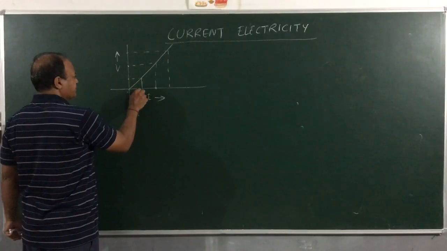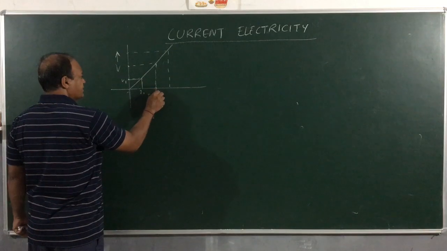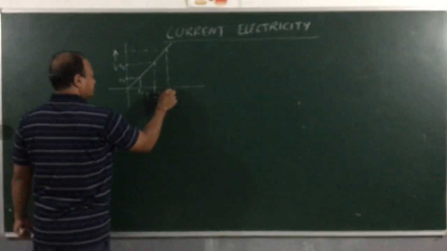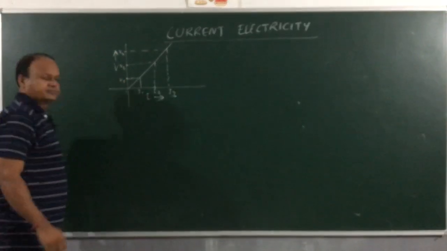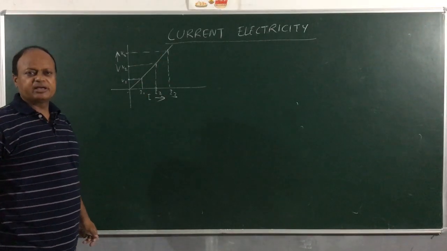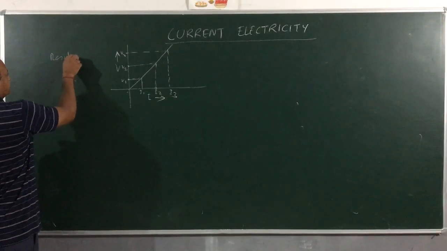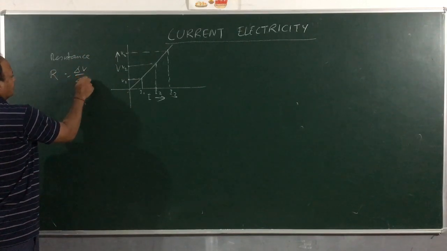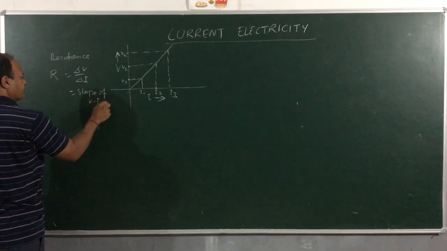Suppose current here is I1, applied potential V1, current is I2, applied potential is V2, I3, applied potential is V3. Clear? If the graph is a straight line, it shows Ohm's law is being obeyed, and then resistance R will be delta V by delta I, which will be essentially equal to the slope of the VI graph.